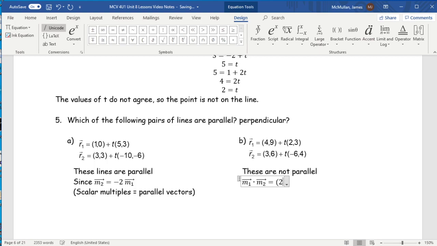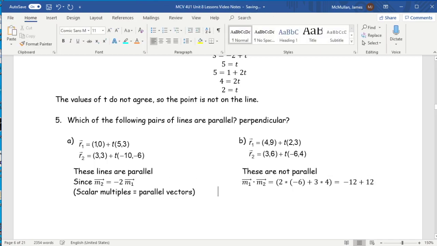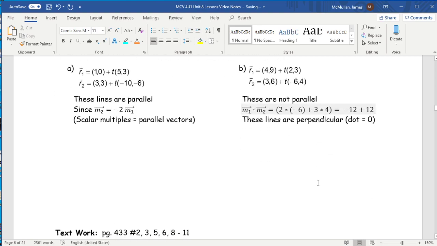We get 2 times negative 6 plus 3 times 4, which is negative 12 plus 12, which is 0. These lines are perpendicular. Dot equals 0. So you dot the direction vectors and you get 0.